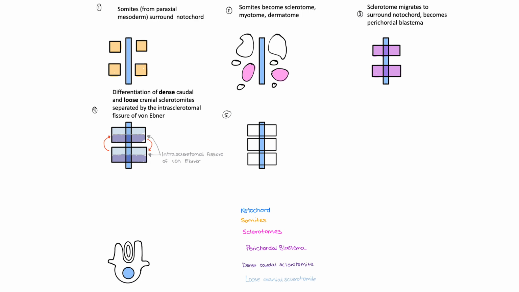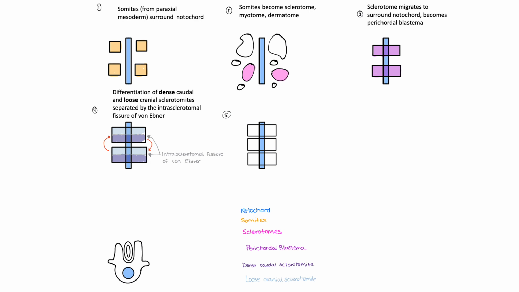So next, what happens is that perichordal blastema continues to differentiate. It differentiates by a lot of cellular changes that happen very quickly. So the 2 different types of cells start to form. We've got these ones that wind up being called loose cranial sclerotomites, and we've got dense caudal sclerotomites. So this, I think, is pretty easy to remember.